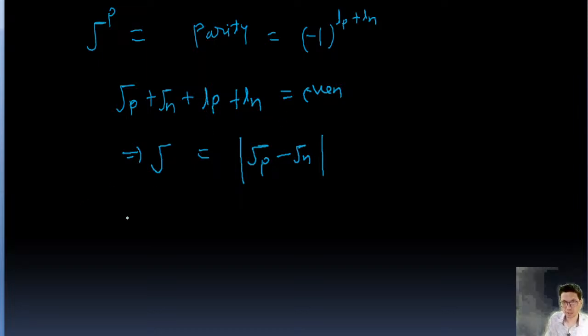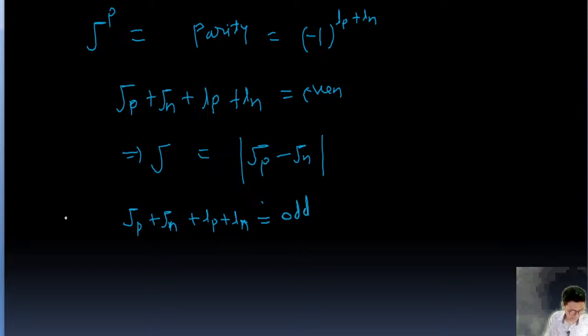If this is even, then we have to find the total value of J. And if J P plus J N plus L P plus L N, this value is odd, in that case the value of J is going to be J P plus J N. Okay, this is an important one.